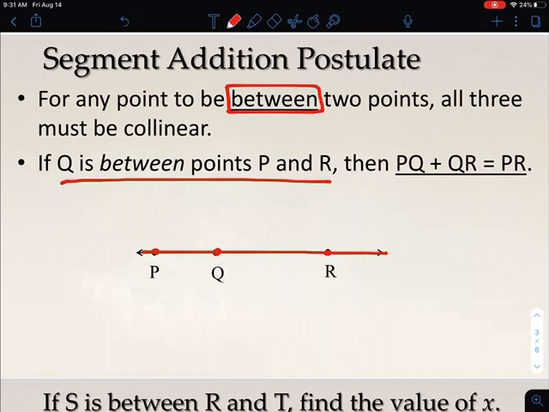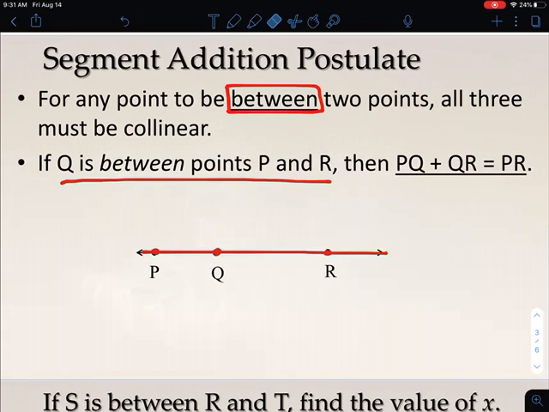So for instance, if I put a point up here and call it point D, it is not in between P and R because it's not on the same line as the other 2 points. So in between implies that all of the points are on the same line. They're going to give you a description of a problem sometimes. You just have to understand that when they use the word between, you're going to draw a straight line, put the 2 endpoints on either side, and then put the other point in between.